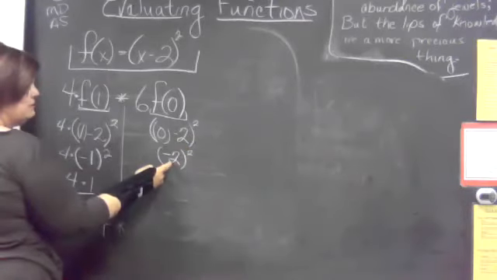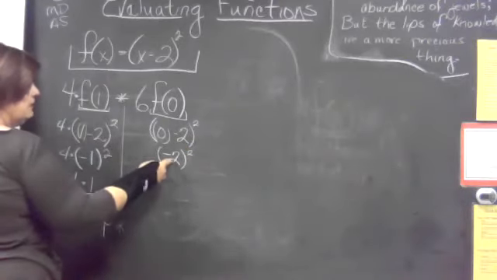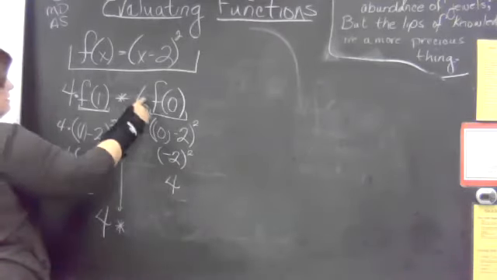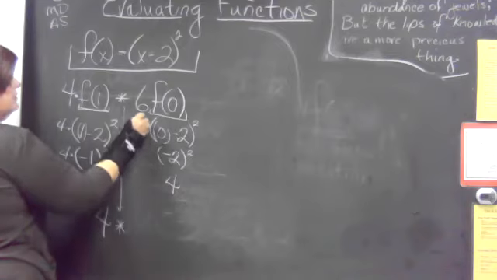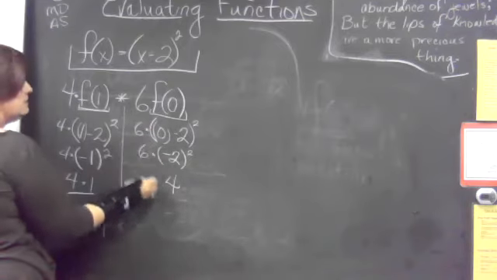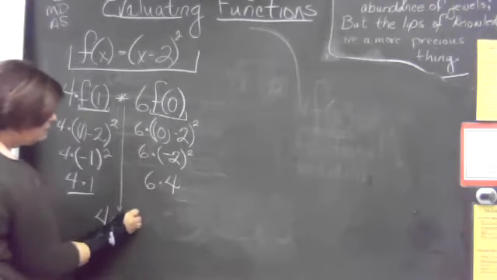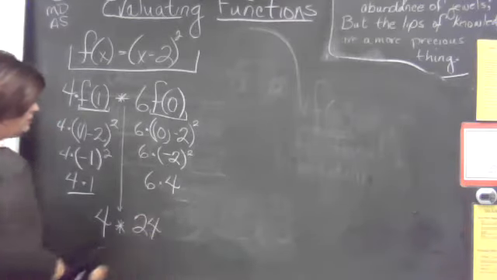Anything squared is positive. That means negative 2 times negative 2 will give me positive 4. And then it said, when I get an answer here, I'm going to be taking it times 6. And so my answer here is 24.